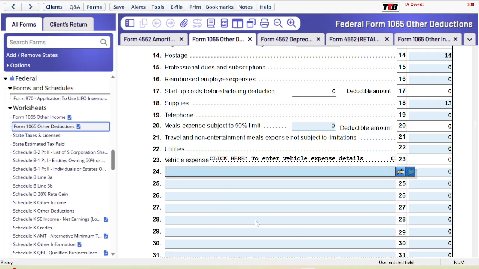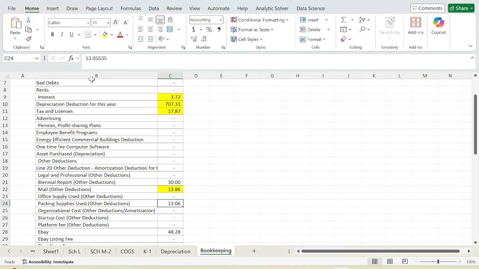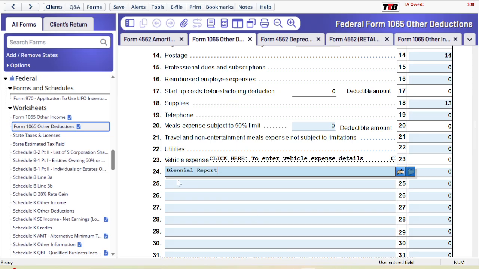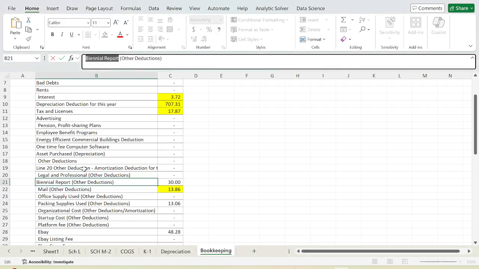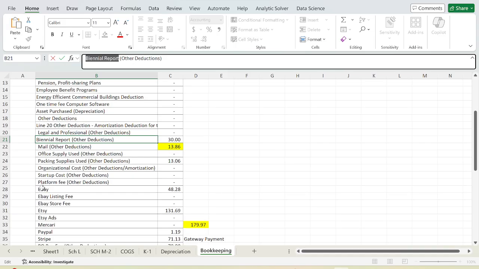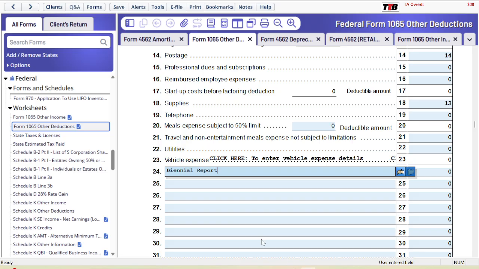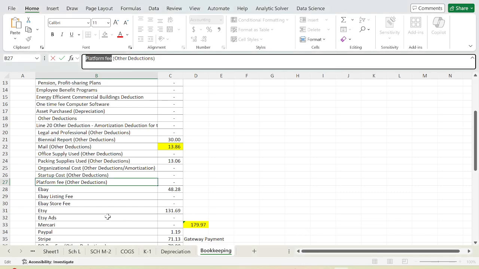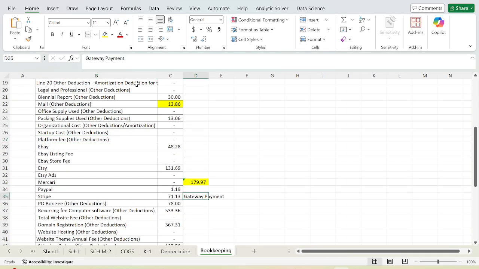So I'm going to put biannual report, a report that some states require you file for your LLC on every 2-year basis or every year basis. We are going to enter that there. We have platform fee. If you sell on eBay and Etsy, and I'm going to put gateway payment.